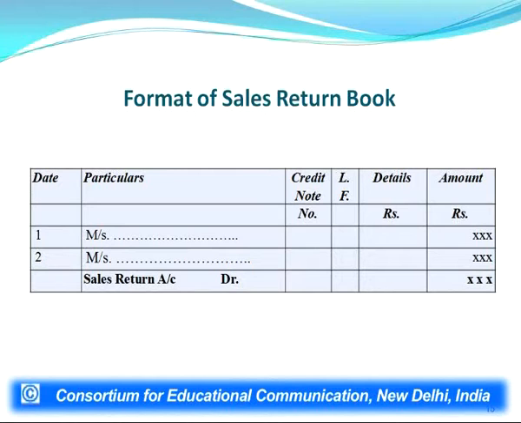At the end of the accounting period, normally small periods, the sales book is prepared, closed for every month. The total shall be made and the sales return account shall be debited because the goods is coming in. So, goods is a real account.